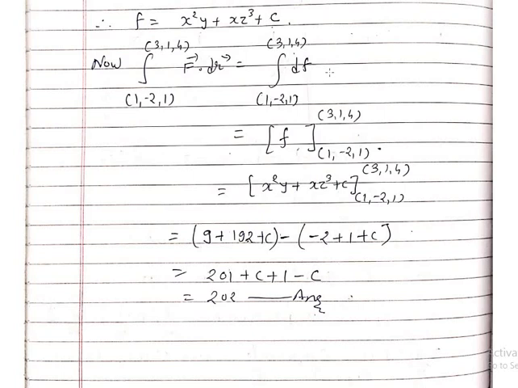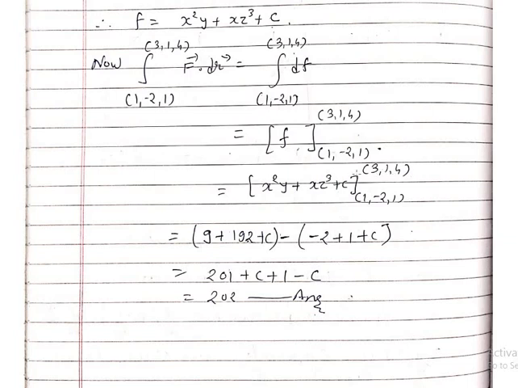That theory we have already proved in the last lecture. So the integral of df will be f, with limits from (1, -2, 1) to (3, 1, 4). We put in the value of f, that is x square y plus xz cube plus c, with the limits from (1, -2, 1) to (3, 1, 4).